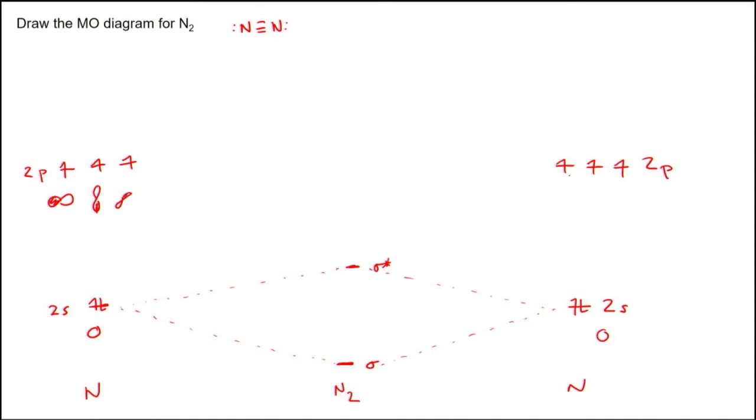Same thing over here, you're going to have 2pz, 2px, and then 2py. Looking at that, the two 2pz's are oriented towards each other, so those are going to form a sigma bond. And then the px and the py's are going to form our 2pi bonds in these cases right here.